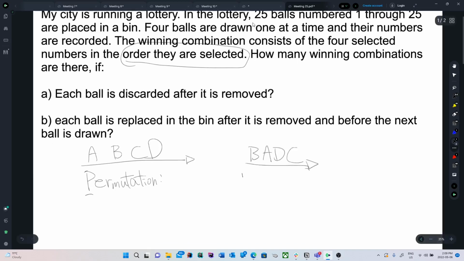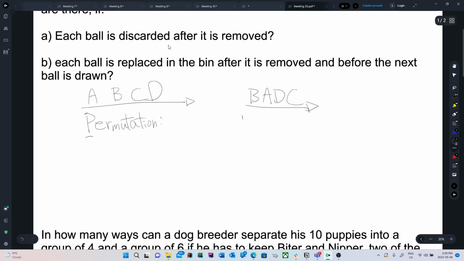In this case, how do we approach this question? Let's say this is our first ball that's drawn out, and then this will be our second, third, and fourth ball. For our first ball, there's going to be 25 choices, as there are 25 balls in the box. This is for question 8. As one ball is taken out and discarded, we're going to have 24 balls left to choose from in the box.